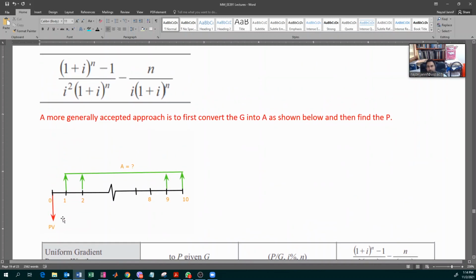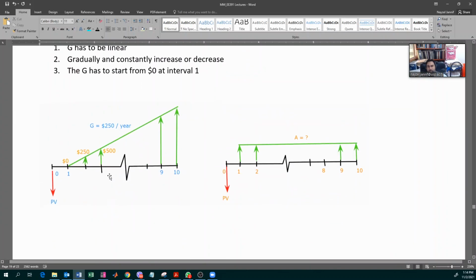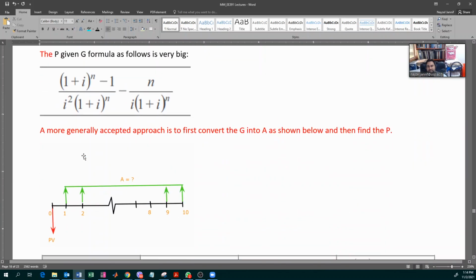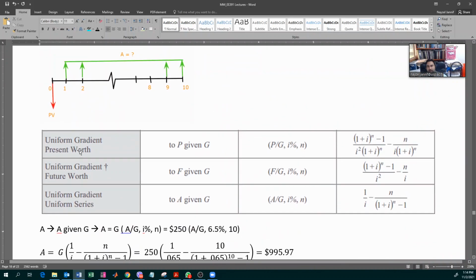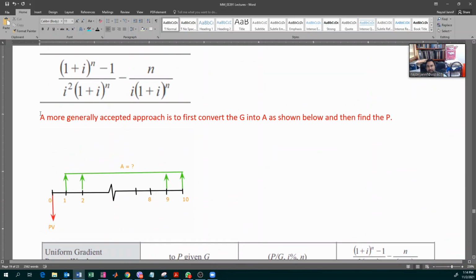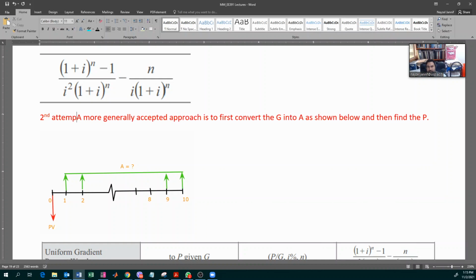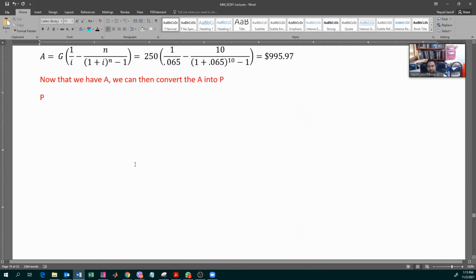Remember, we wanted to find P. So we went from here to here. In the first instance, we did a direct conversion. In the second attempt, we went from G into A and then find P. So we will find P given A.